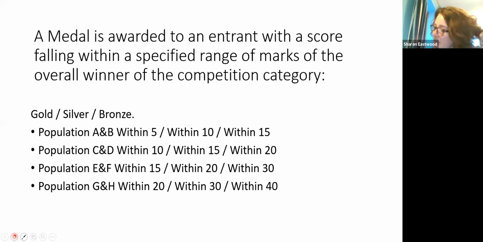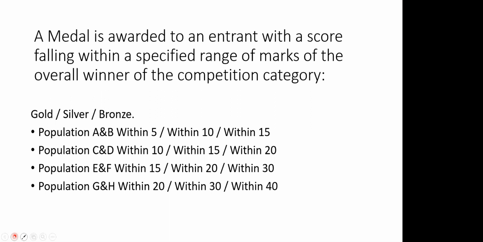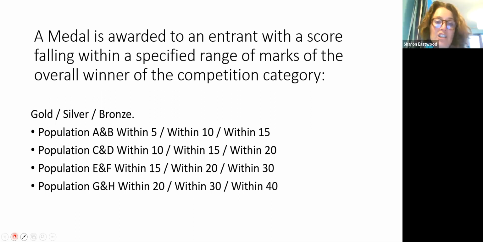And I just put this in because I always forget how this is awarded. In the competition, different communities can get a gold, silver, or bronze medal. And how those medals are awarded is if you fall within a specific range of marks of the overall winner.